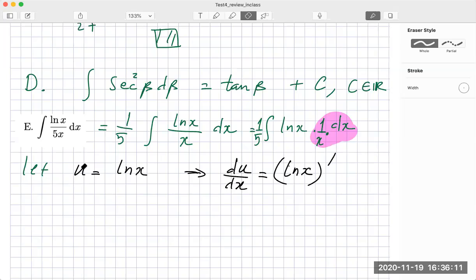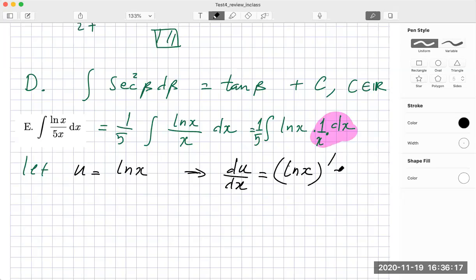If we take the derivative of both sides, what is the derivative of natural log of x? Very good. It is u prime over u, and u in this case is x, so x prime over x, and x prime is 1.